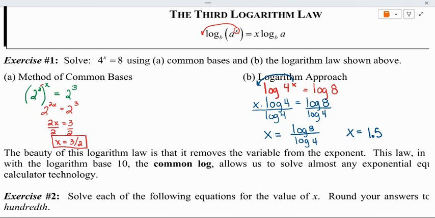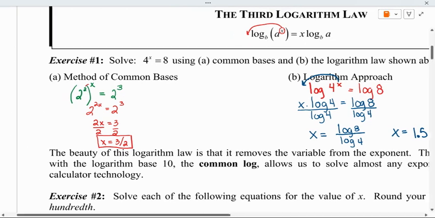See, this is why I get frustrated. So I held this up. You have to use this button, the log button. Okay? So clear all that out. Log 8, close your parenthesis, divided by log 4, close your parenthesis. You gotta stay with me. We're not doing bases because it's base 10. Shh, this is the common log. All right, moving on.